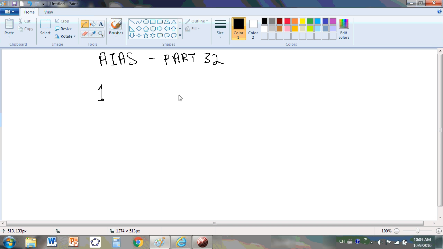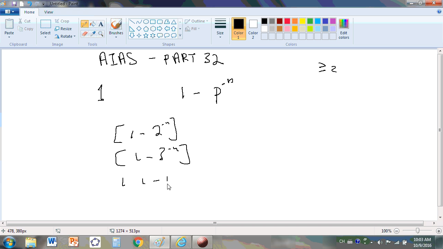You can write it down, for example, as 1 minus p to the minus n, where p is some integer greater than or equal to 2. So you can write down 1 as 1 minus 2 to the minus n, or 1 minus 3 to the minus n, or 1 minus 10 to the minus n.